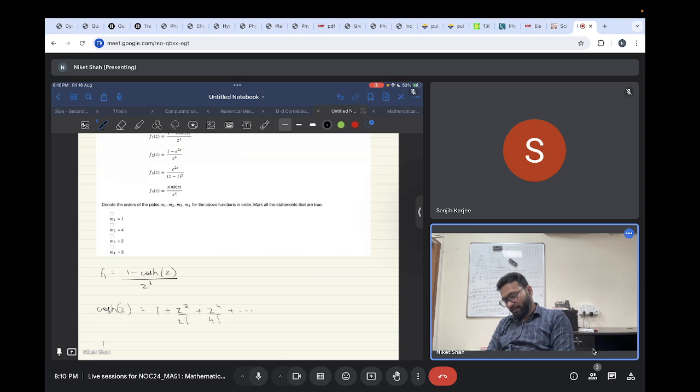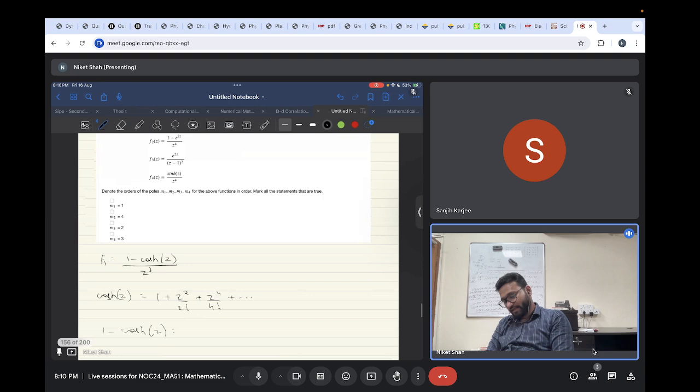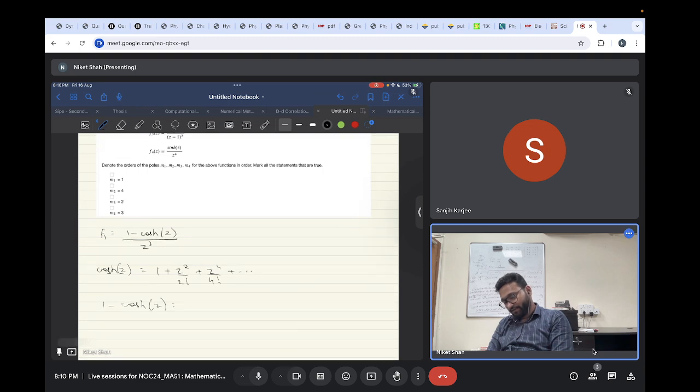So when I do 1 minus cosh of z, I start with minus z square by 2 factorial minus z power 4 by 4 factorial, etc.